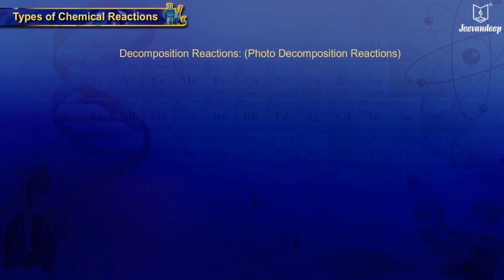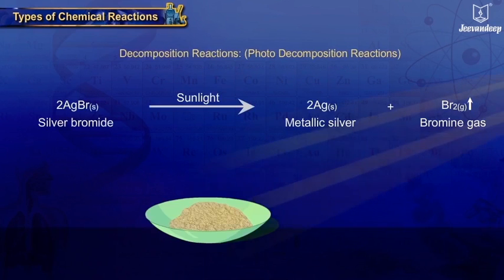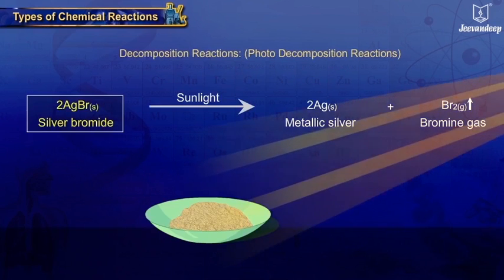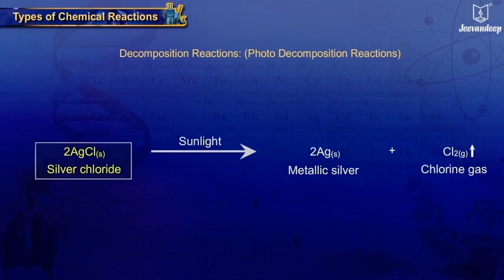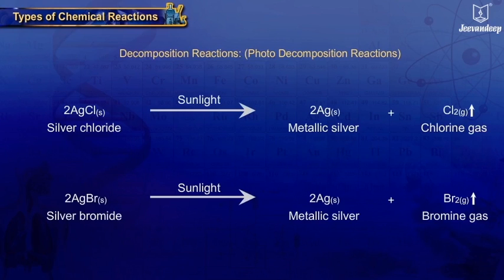Photo-decomposition reactions. The pale yellow silver bromide undergoes decomposition and turns grey when exposed to sunlight. A similar reaction is given by silver chloride also.